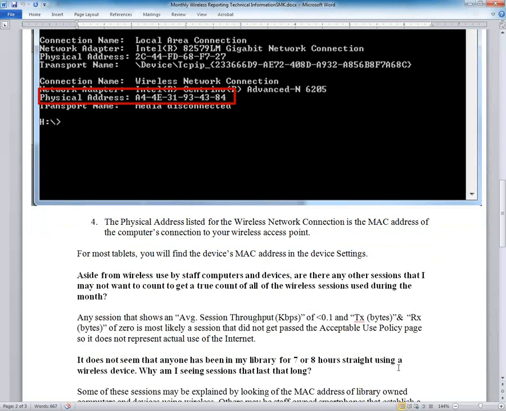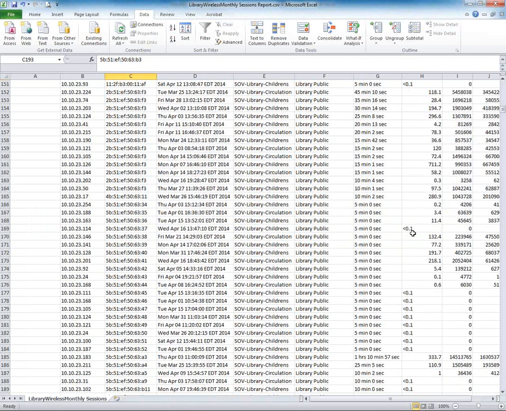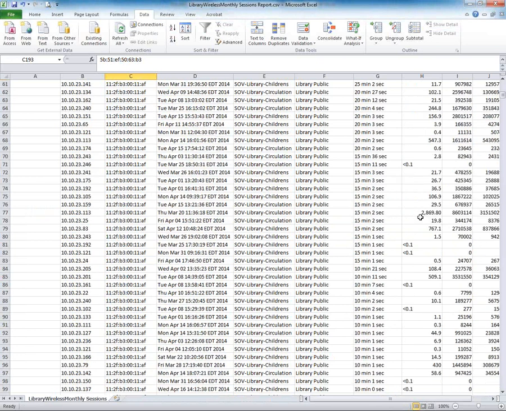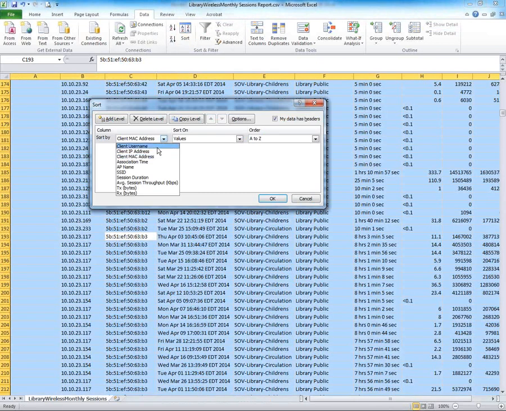Okay, the other kind of data that you may want to look at in your spreadsheet would be sessions that were extremely short. So let me change this sorting again, so we sort by session duration. And we go to session duration, and, dear, these are not pure numbers, so I'm not sure.